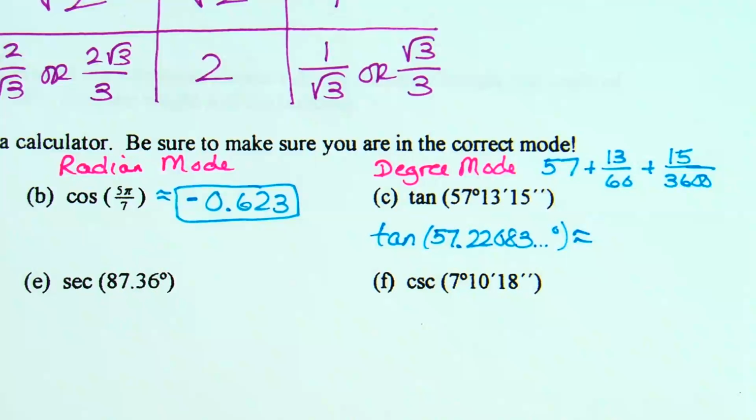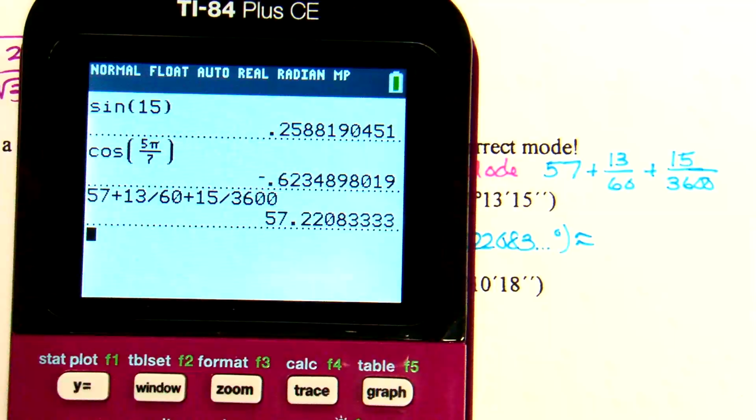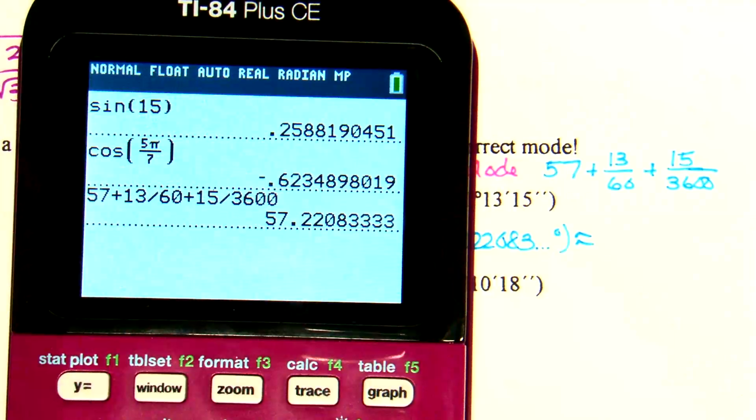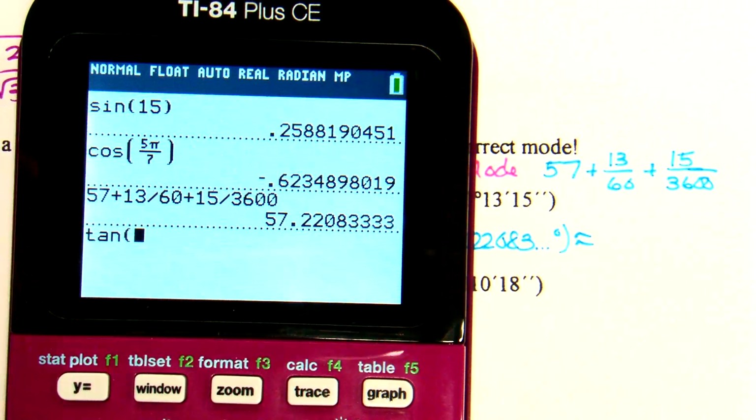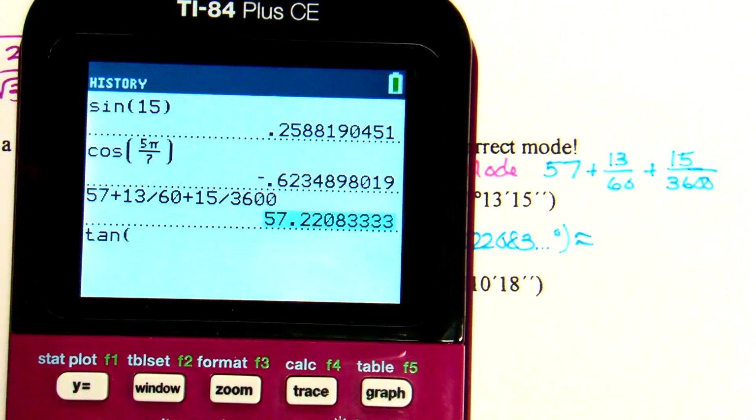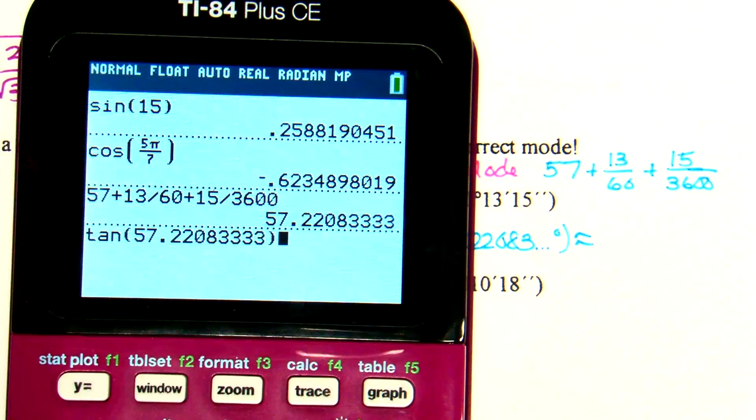Now, my recommendation: when you go to do the tangent, I would not recommend you round what you used to do the tangent with. That's okay, because my calculator is easy to do this. I hit the tangent button. Do I need to type 57.22, so on and so forth? What can I do? Arrow up, highlight it, grab it, and now it carried down that whole value.